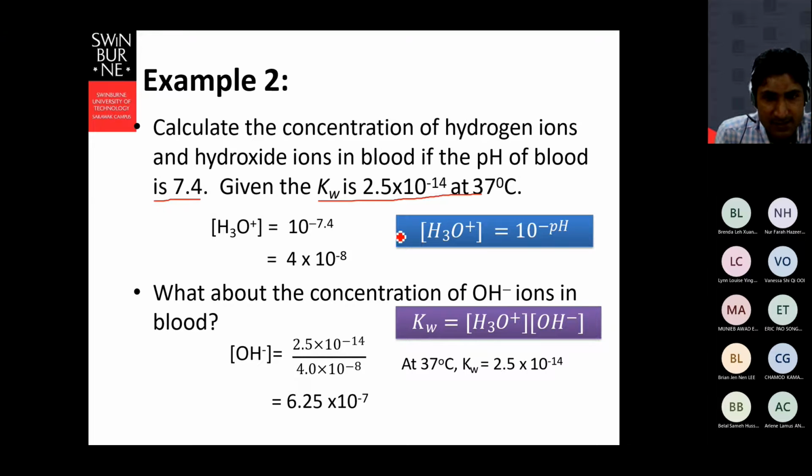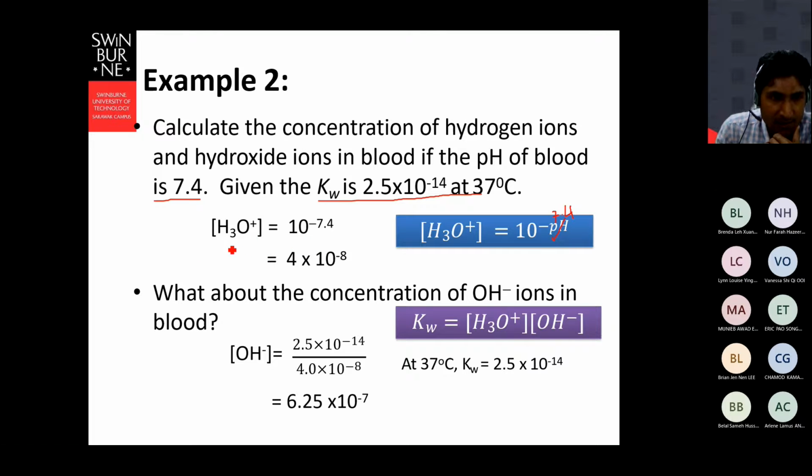So hydronium ion concentration is 10 to the power negative pH. We put in the value, negative 7.4, removing the pH and putting 7.4. Then we find that the hydronium ion concentration is 4 times 10⁻8.